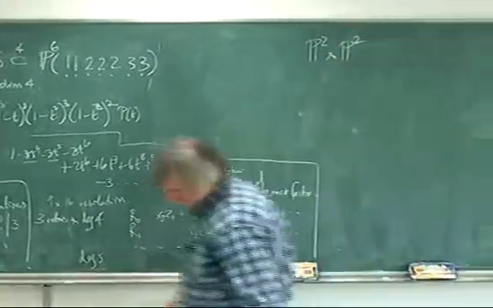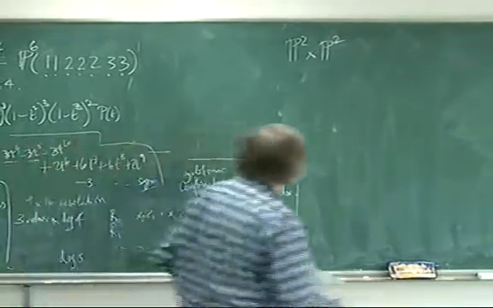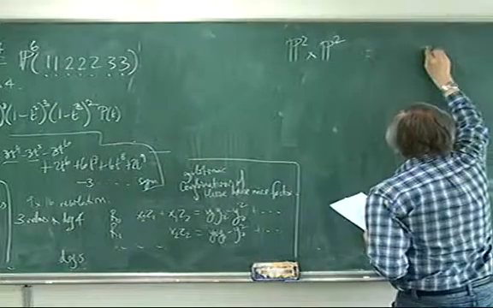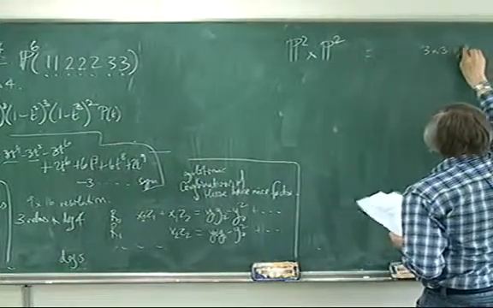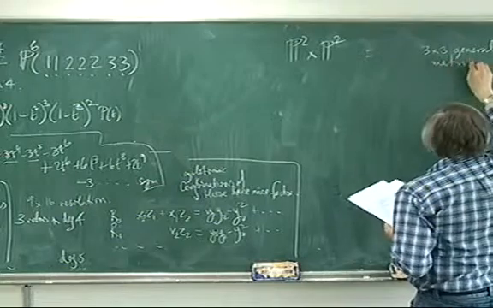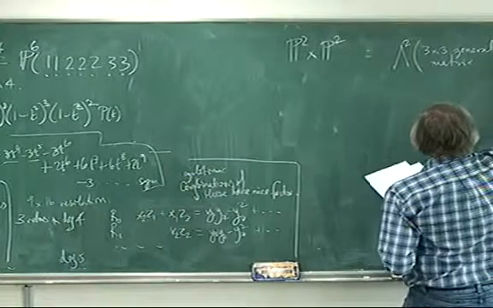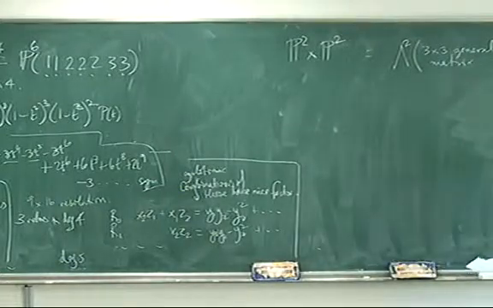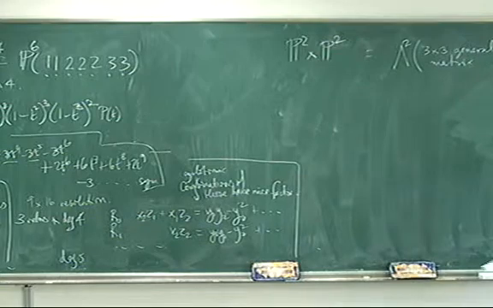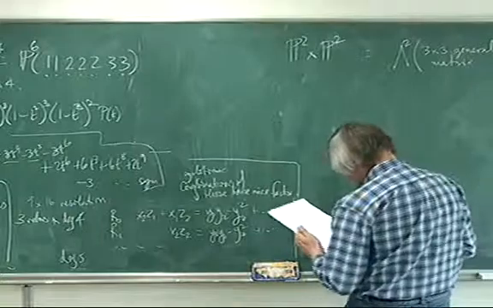Right. So what are the equations of P2 cross P2? Well, I'm going to take a 3 by 3 general matrix, and then I'm going to take wedge 2 equals 0. Okay? I'm going to write down this matrix in a funny form.